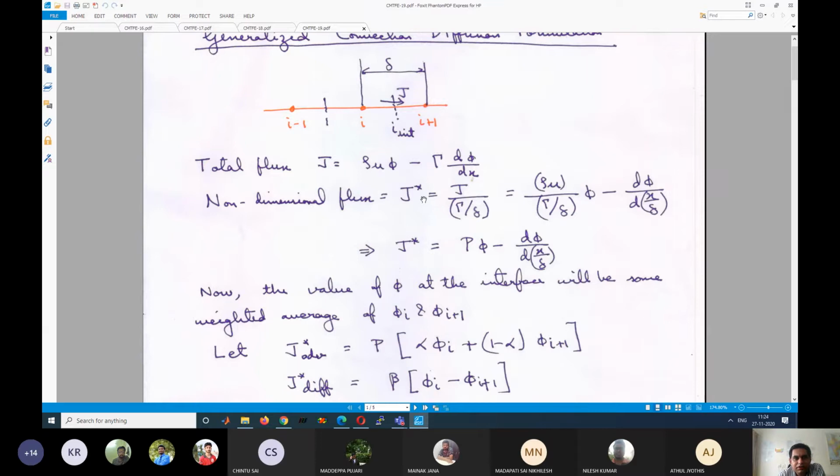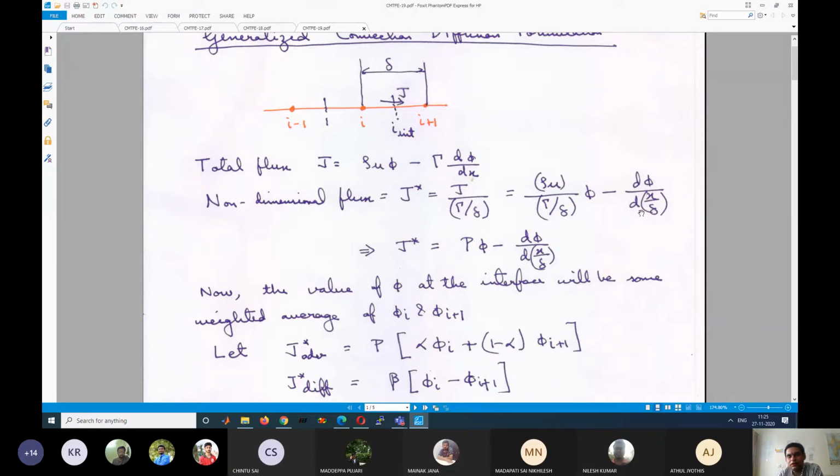So to find the non-dimensional flux J star, we divide J by gamma by delta. It gives us rho u divided by gamma by delta times phi, minus d phi. One gamma cancels, and the delta goes down as dx by delta.